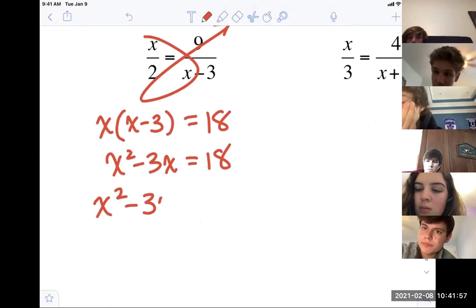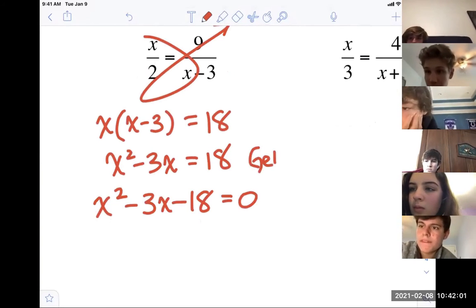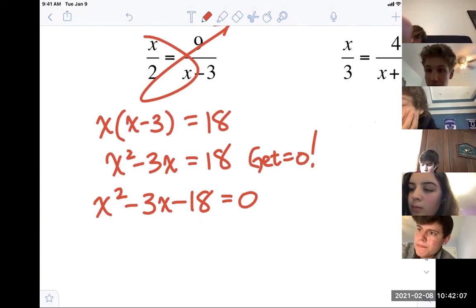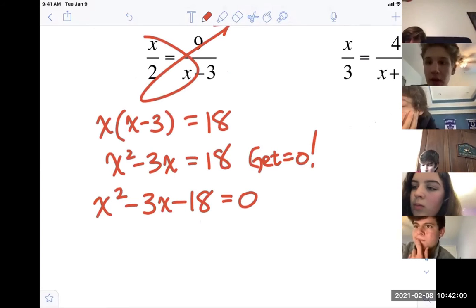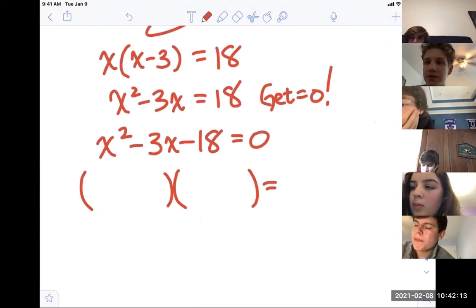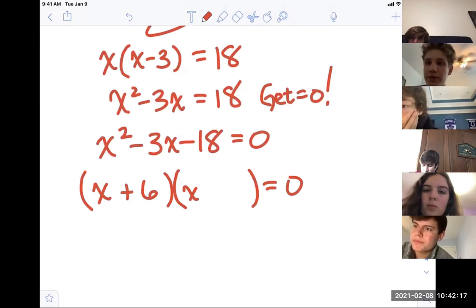So whether you're factoring or doing quadratic formula, you need to get it equal to 0. That's either method, you get it equal to 0. Okay, and Redeemer, are you able to factor that for me? You would have a positive 6 and, or you do write both x's.